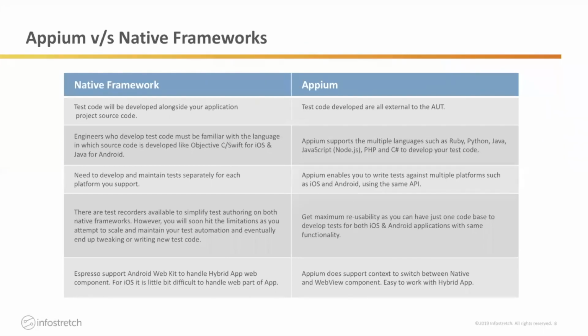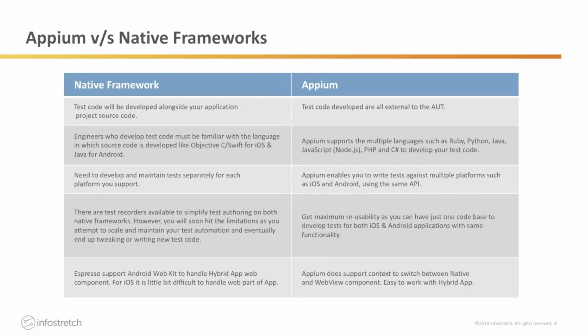With a native framework, you need two binaries: one for the actual application, and another for your testing application. For example, in the case of iOS, you need a test runner application as well as your actual application IPA.